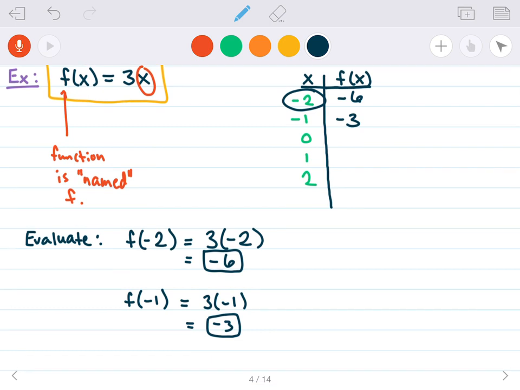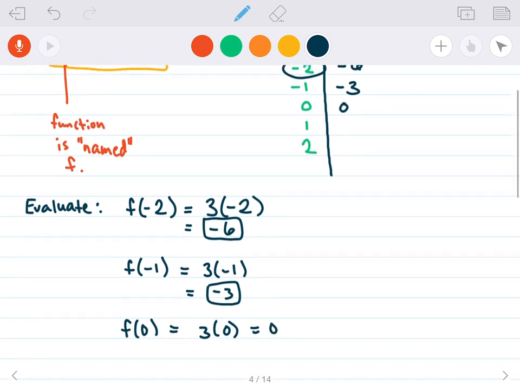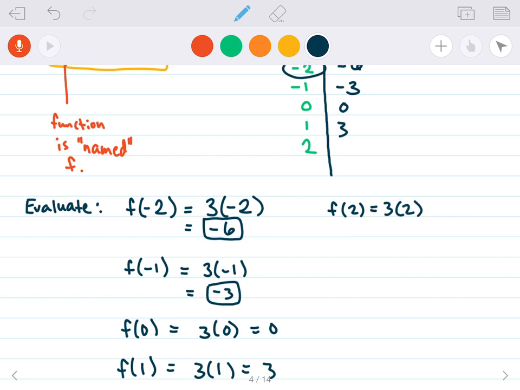If I plug in 0, 3 times 0 is 0. When I plug in 1, 3 times 1 is 3. And finally, when I plug in 2, 3 times 2 is 6.